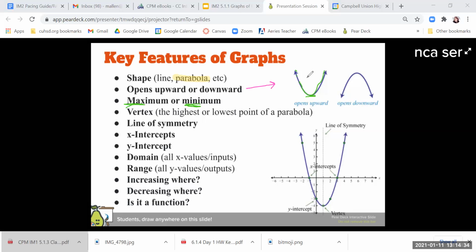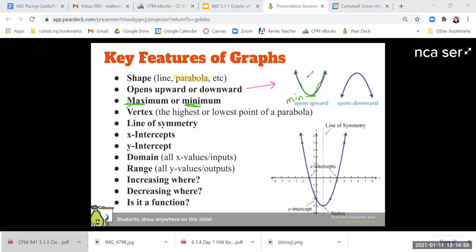So this lowest point would be a minimum. That's also very messy. Okay, so we have a minimum on an opening upward one because it's a low point. It's kind of like a valley.